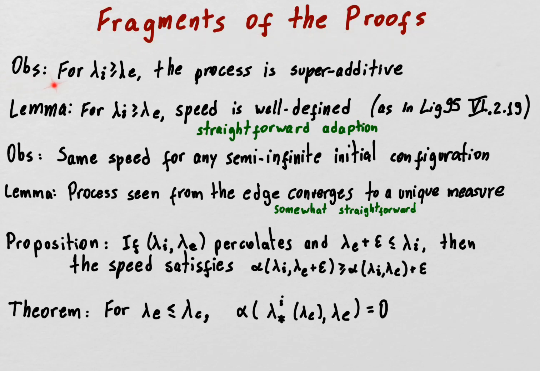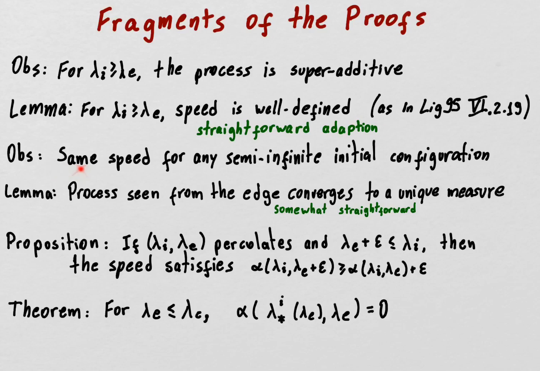First is the observation that when lambda I is at least as large as lambda E, the process is superadditive, hence attractive. Then from a straightforward adaptation of known arguments, we get that the speed is well defined, that's the speed when we start with all sites to the left infected and all sites to the right vacant.